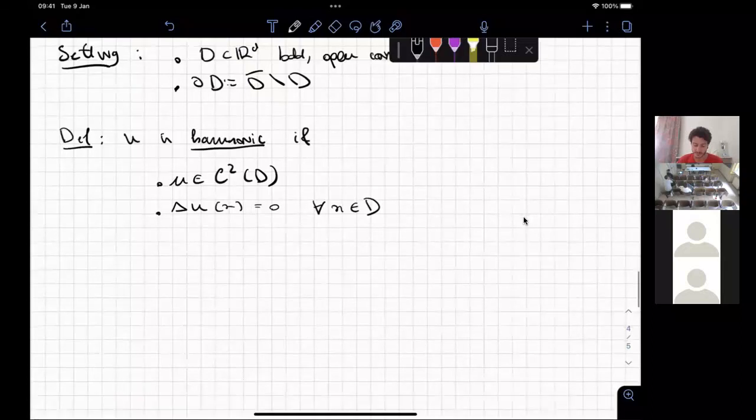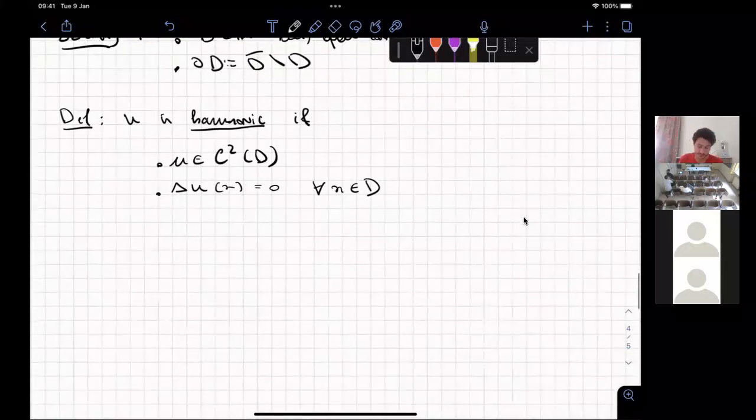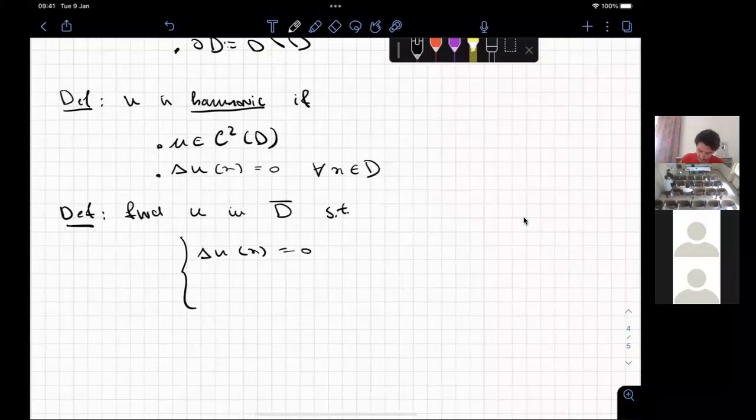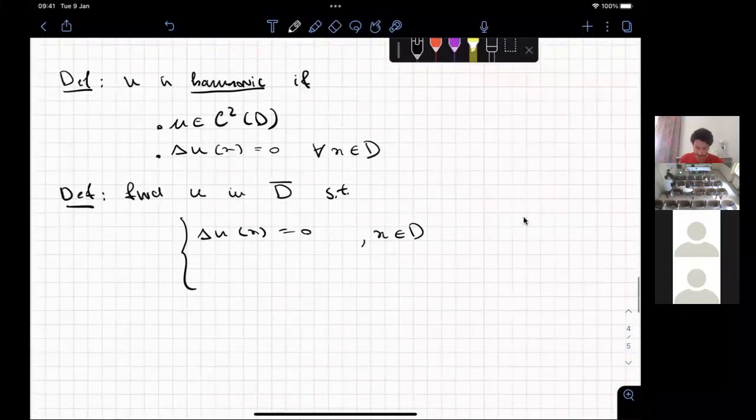So this is our kind of function, and then we have the right definition of the Dirichlet problem. So we want to find U, now defined in the closure of D, so we reach the border, such that U is harmonic inside, so for x belonging to D. We have the boundary condition in this case.